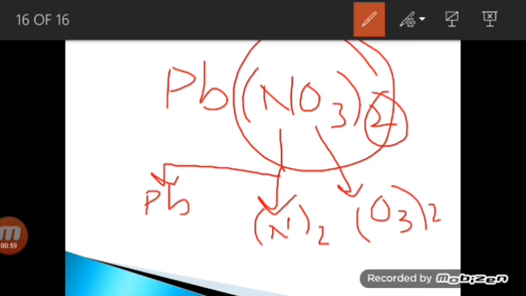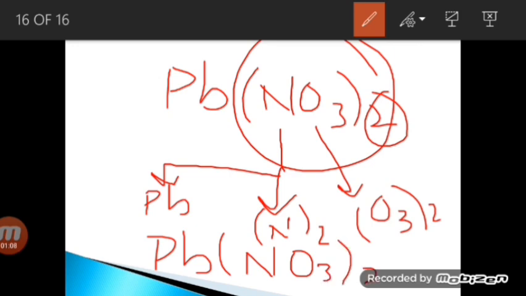As a result, we will have 1 atom of lead, 2 atoms of nitrogen, and 6 atoms of oxygen. So this is how we see how many atoms are there and how we are going to write the chemical formula for all those compounds which have brackets.